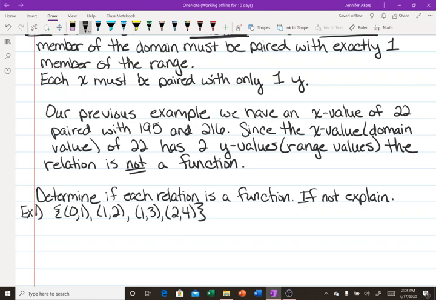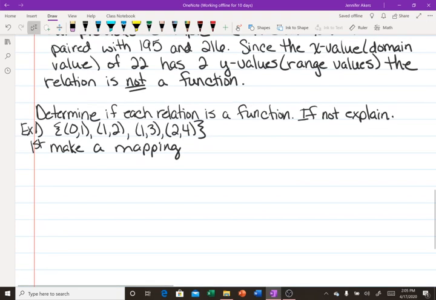Some of you can look at the ordered pairs and tell me the answer. Some of you cannot. My opinion, one of the easiest ways to tell if a list of ordered pairs is a function is to make a mapping. So first thing I'm going to do is make a mapping. You're going to have your x values listed from least to greatest, only written once: 0, 1, and 2.